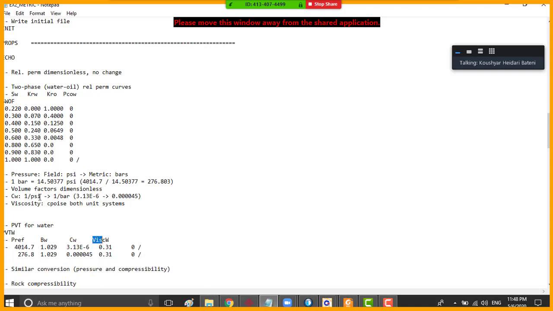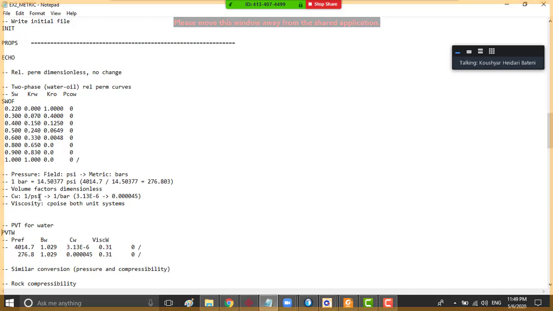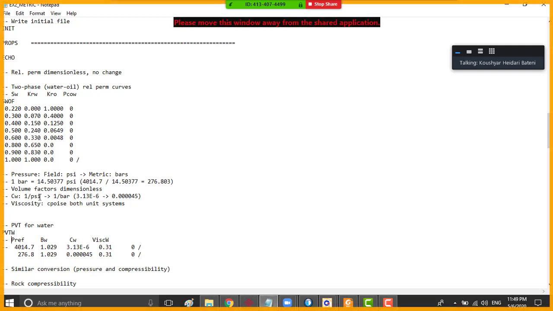And the fourth column is going to give you the viscosity of water. Okay? This keyword is a very important keyword. Now, what are the changes that we need to make in order to do the unit conversion from the field system to the metric system?